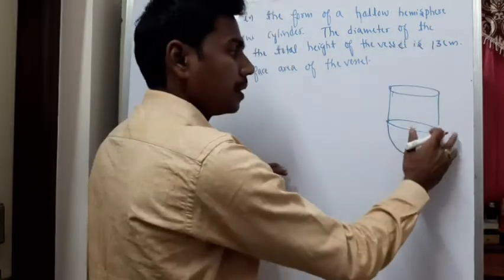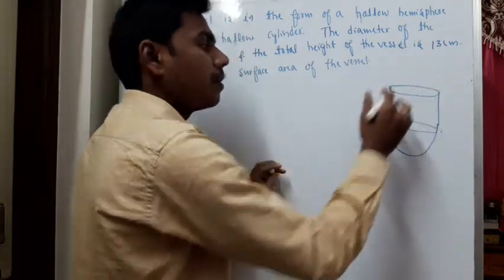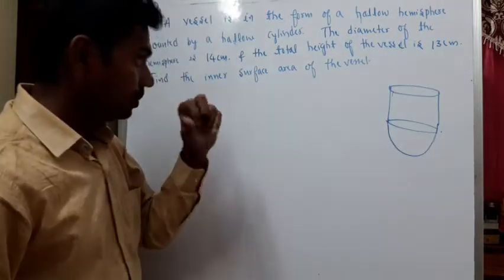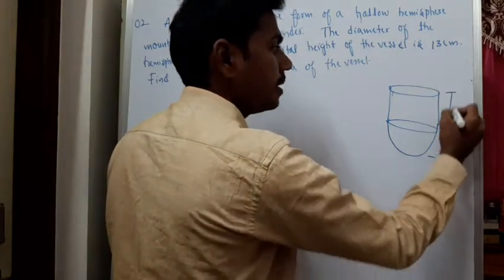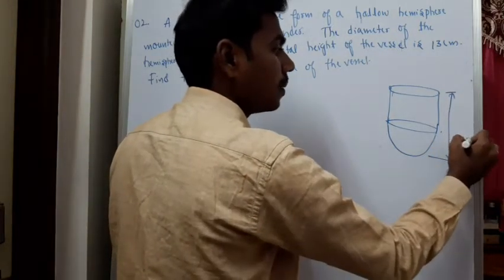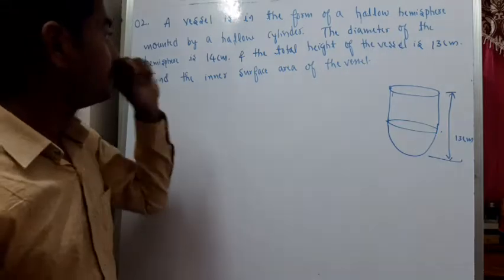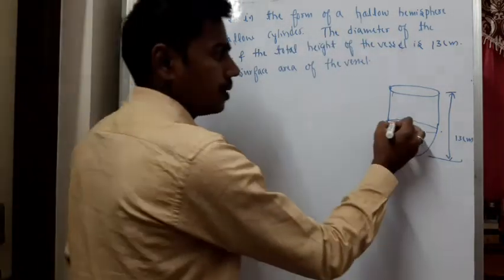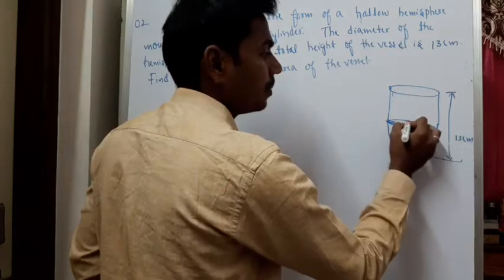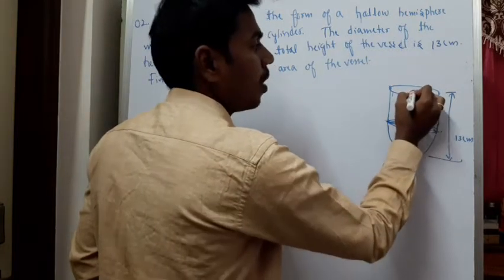Fine. So the vessel is in the form of a hollow hemisphere. Now the total height is 13 centimeter, and what they have given, the diameter of the hemisphere is 14 centimeter. Then what will be the radius?